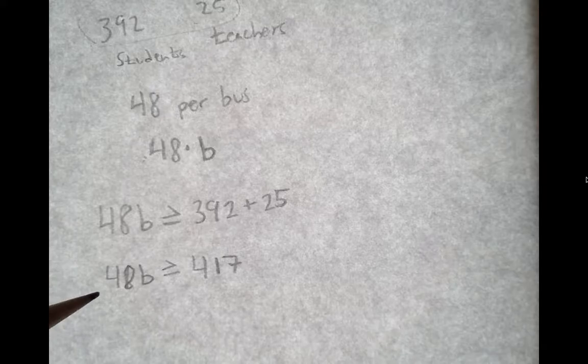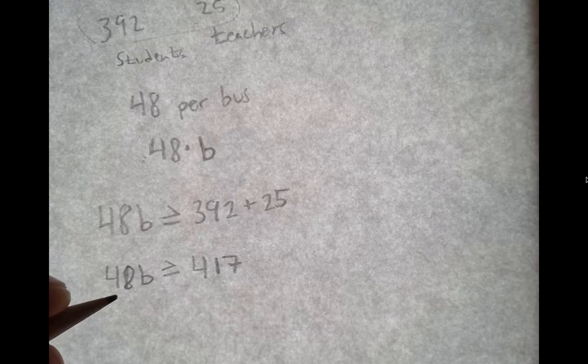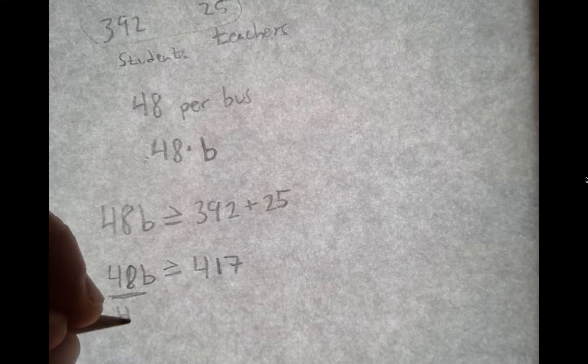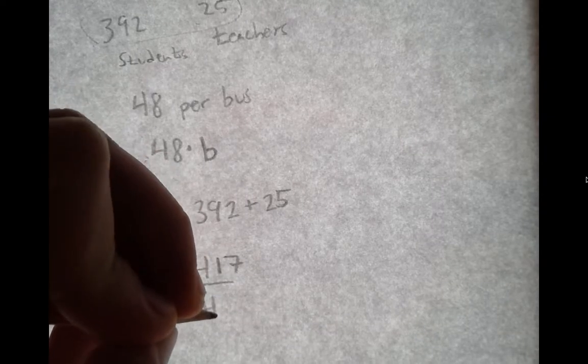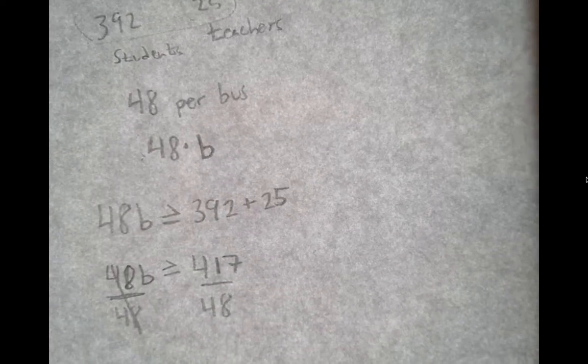And so I just got to figure out, let's divide that 48 away to figure out exactly how many buses. I am left with B is greater than or equal to whatever that is.